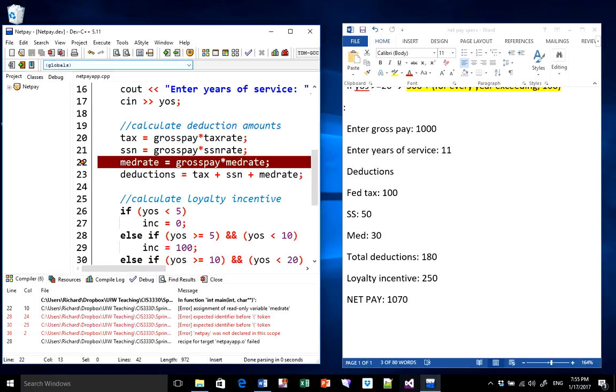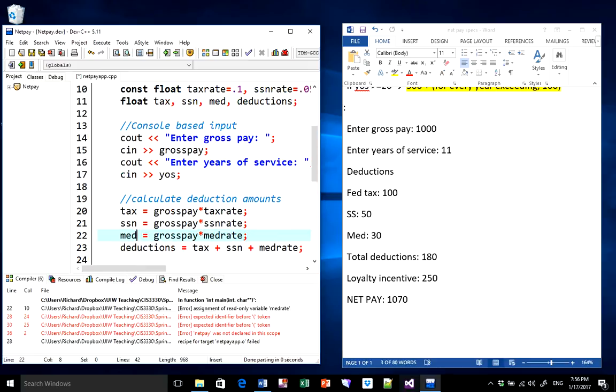I'll run. What is that one? No, I have some recursive variable here. So did I call it med? Yeah, I called this one medRate as well. So let's execute.